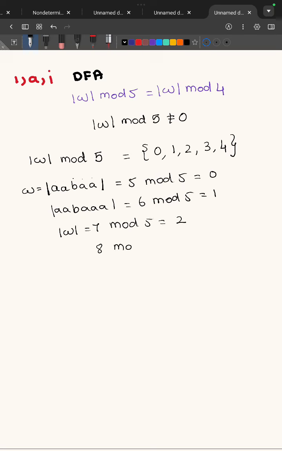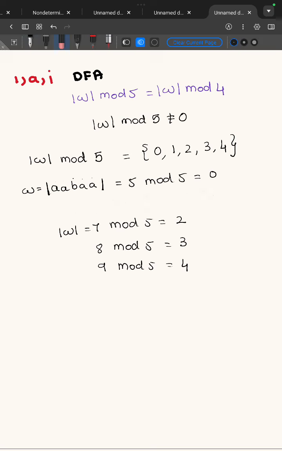Similarly, 8 mod 5 will be 3, and 9 mod 5 will be 4. It will go on for n number of values. So the possibilities over here will be 0, 1, 2, 3, 4. So for the left part of the question, we get 5 possibilities.